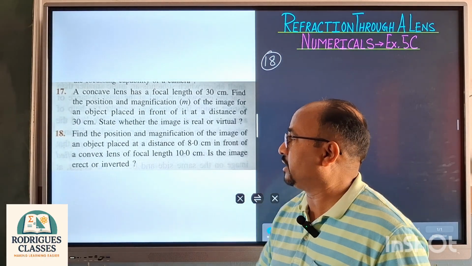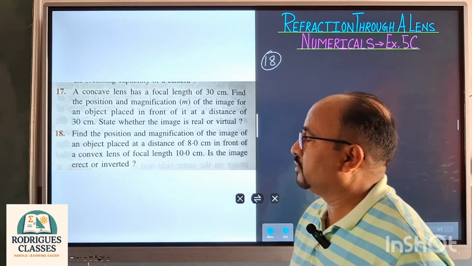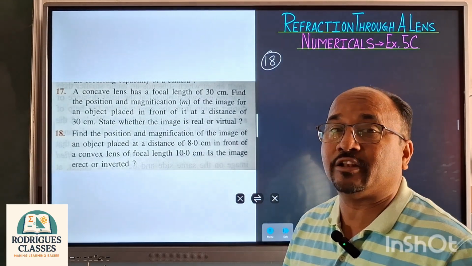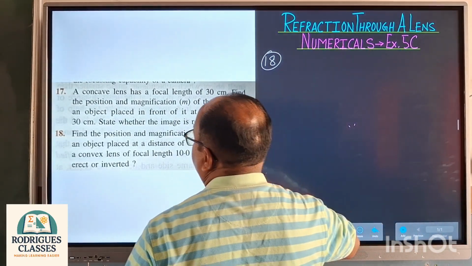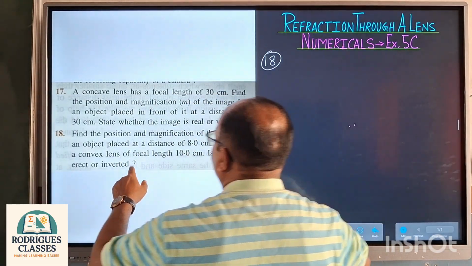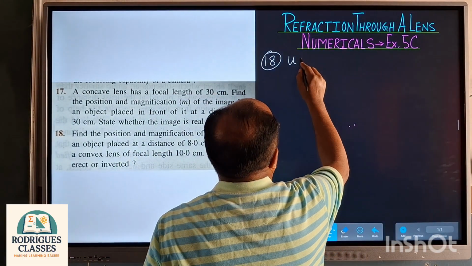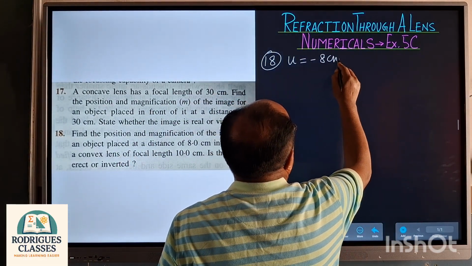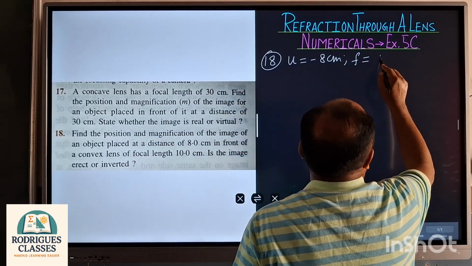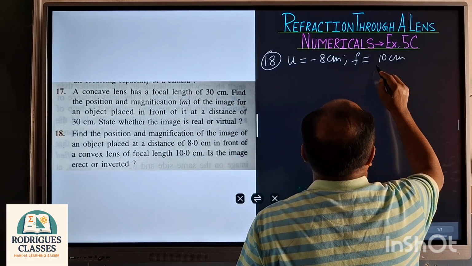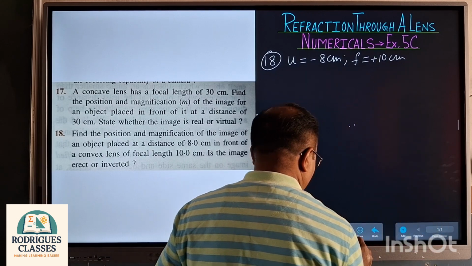Is the image erect or inverted? Once we get the V value or the M value, we can comment whether it is erect or inverted. So first of all, we write U as minus 8 centimeter and F as 10 centimeter, which is in plus.